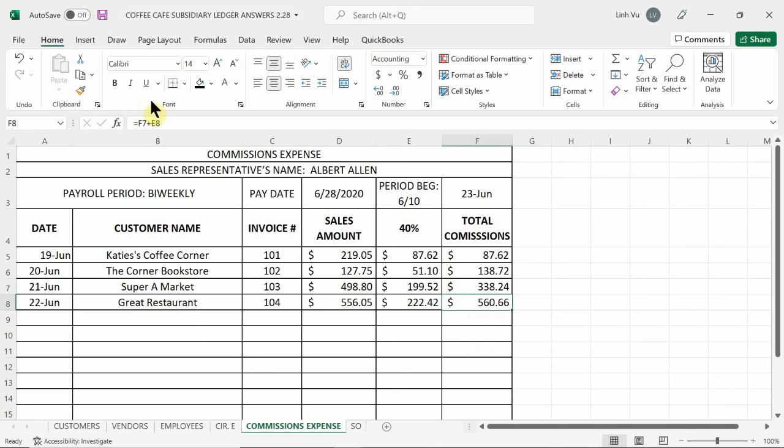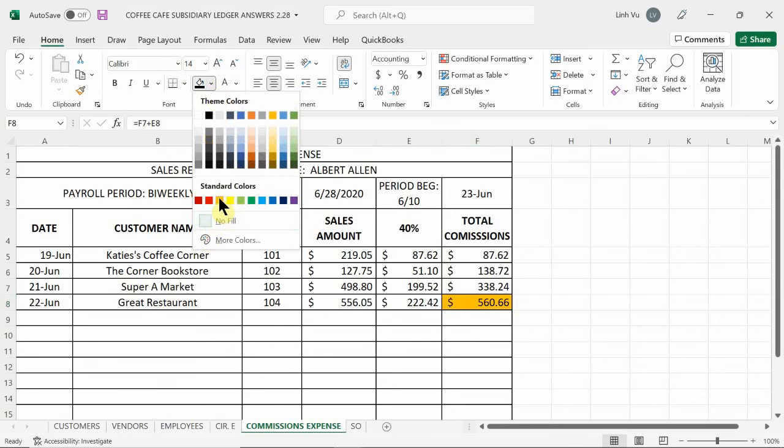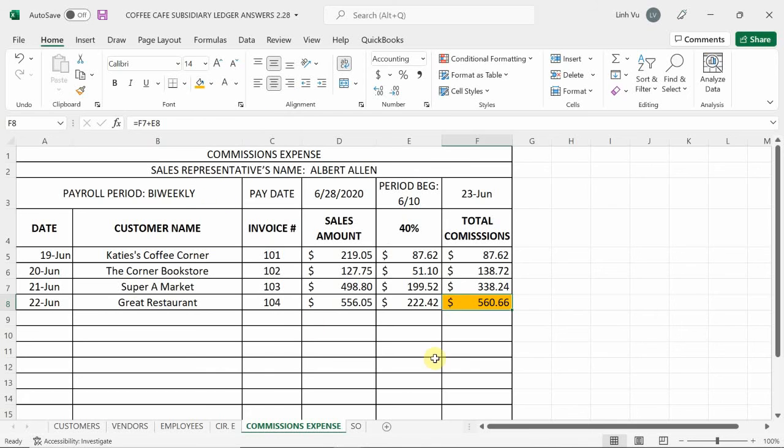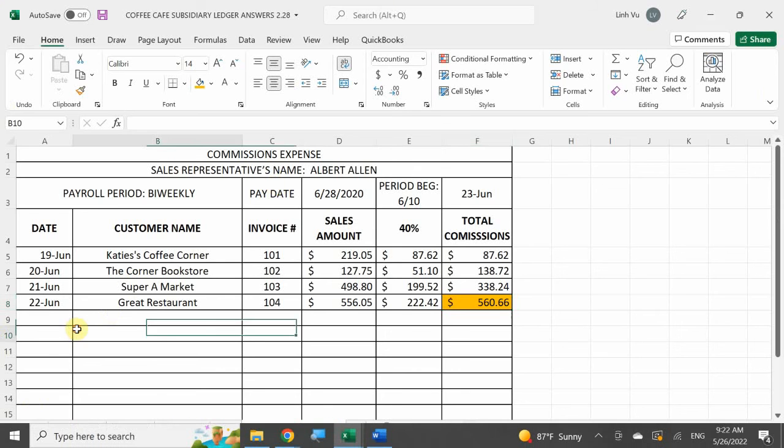So I'm going to highlight that so we can keep a track record. So when he keeps adding his stuff together, it's a new paycheck now. We'll make it orange. Okay, so we know this is how much we're going to pay him. It's going to be $560.66. Okay.